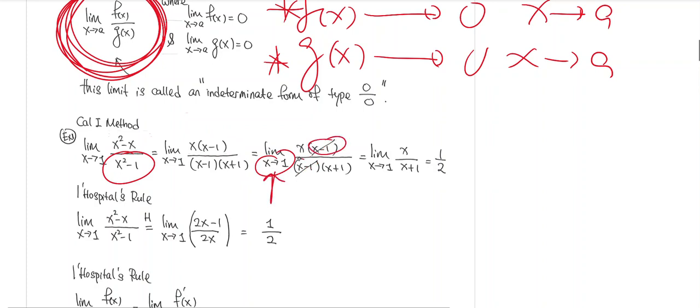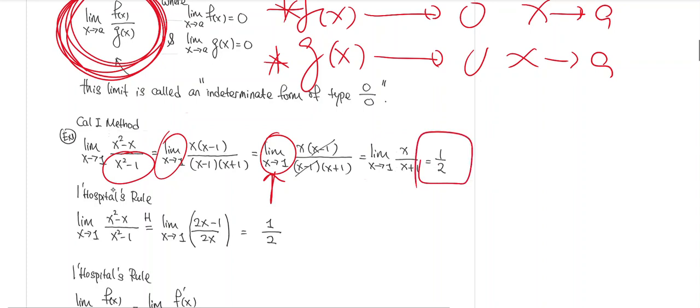Therefore, x minus 1 is never 0, so you can divide both and reduce the expression to this. We haven't evaluated the limit yet, so you still have the limit. Make sure you write all of that. Now it is safe to evaluate this limit because when x approaches 1, this is 2, this is 1, that's no problem. So your final answer is 1 over 2.